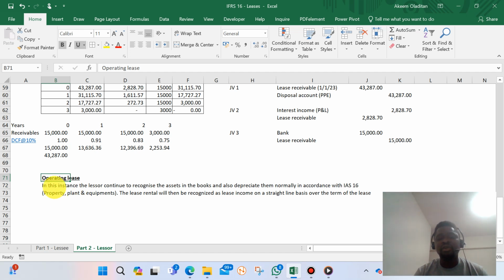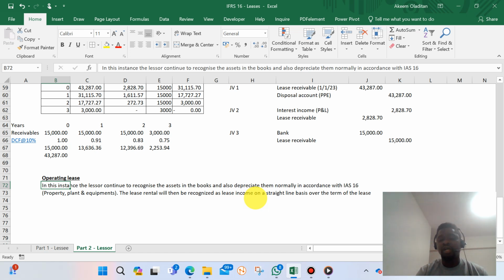We continue to recognize the asset in the books in line with IAS 16 property, plant, and equipment, and the lease rental that we receive on that arrangement will be recognized in our profit and loss account as lease income on a straight line basis. You understand? It's straightforward.